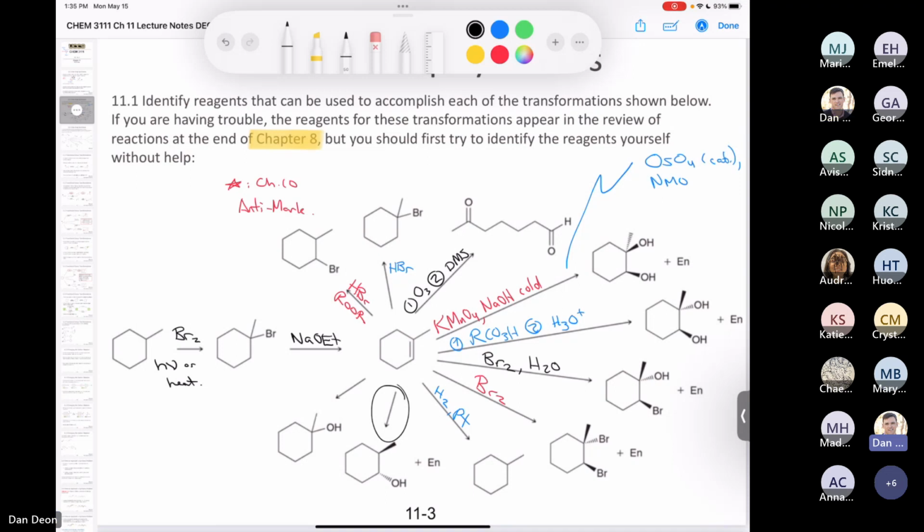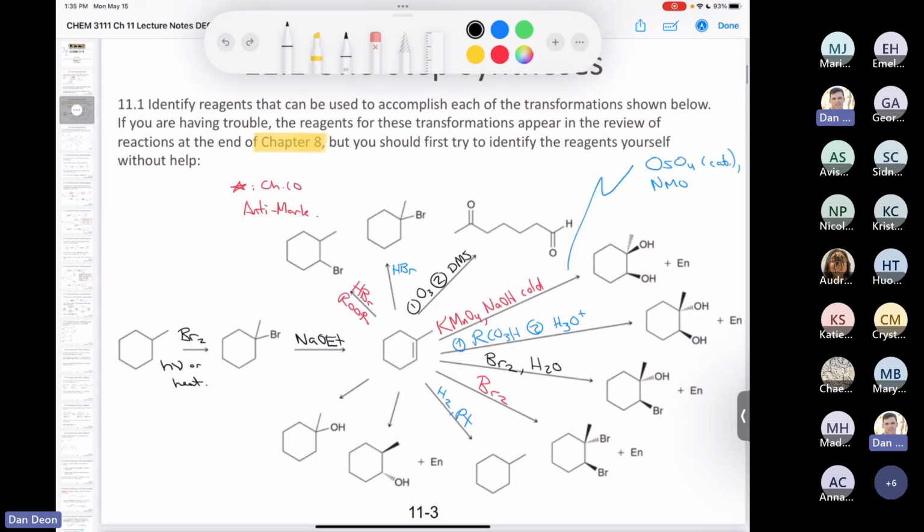Anti-Markovnikov. Somebody had written it earlier. Yes. So this is borane and THF. So we'll write step 1 is BH3 and THF. Step 2 is hydrogen peroxide and sodium hydroxide. Absolutely. And the last one is just a Markovnikov addition of water. So we'll just put H3O+ on here.